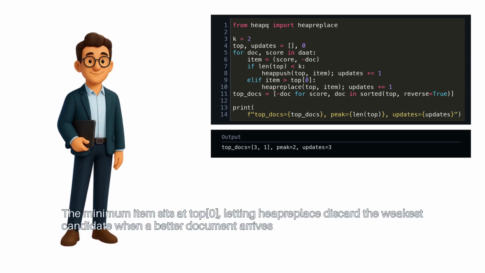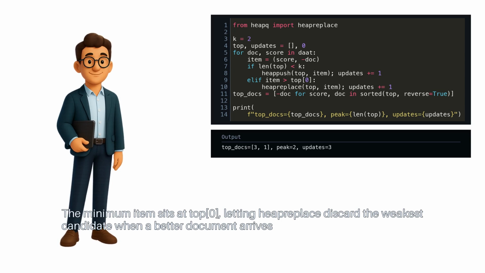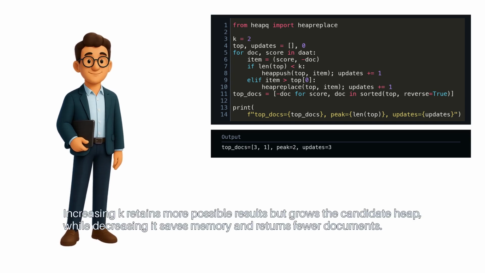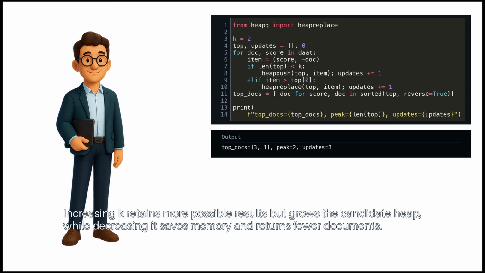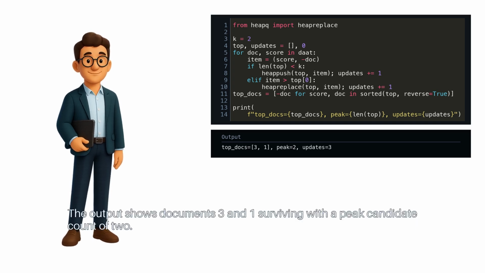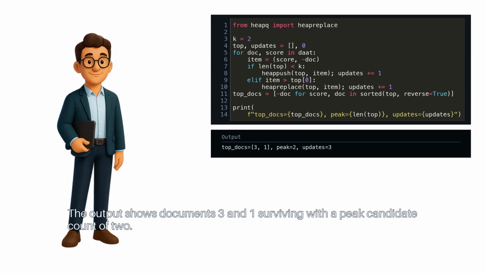The minimum item sits at top[0], letting heapreplace discard the weakest candidate when a better document arrives. The negative document identifier preserves the earlier tie rule. Increasing k retains more possible results, but grows the candidate heap, while decreasing it saves memory and returns fewer documents. The output shows documents 3 and 1 surviving, with a peak candidate count of 2.